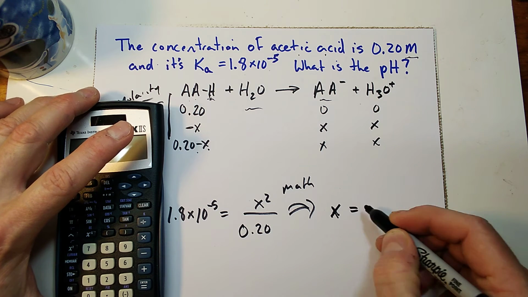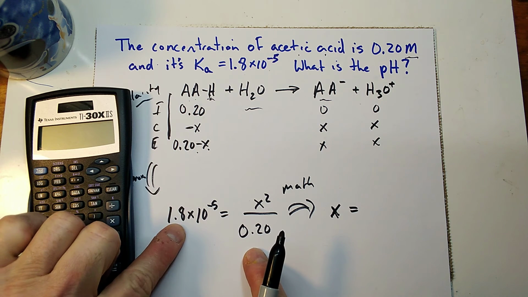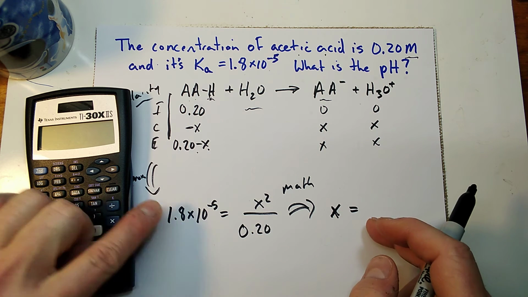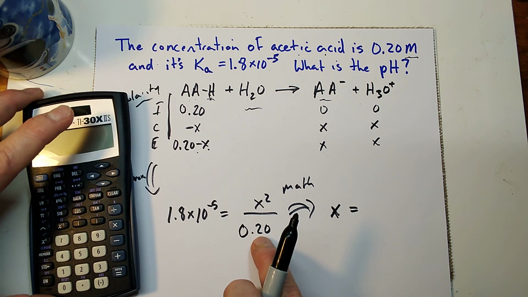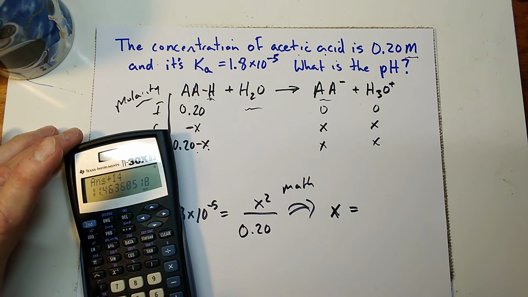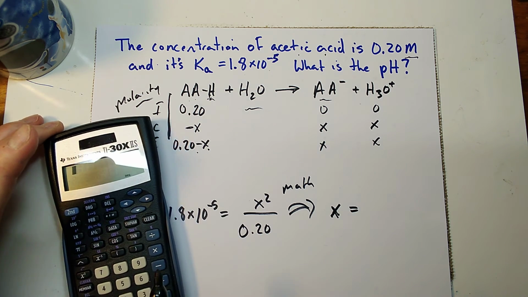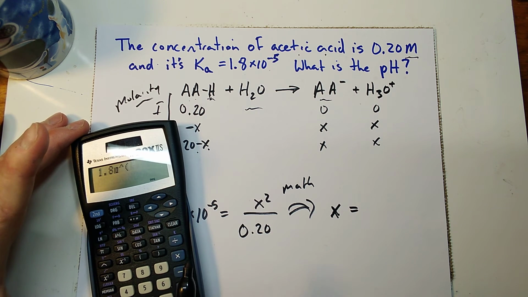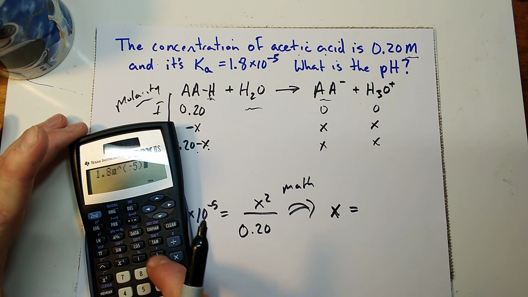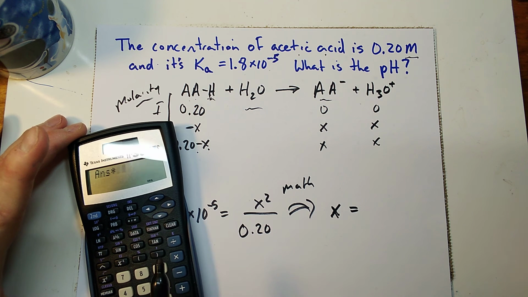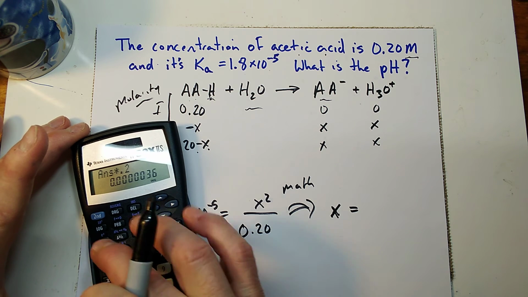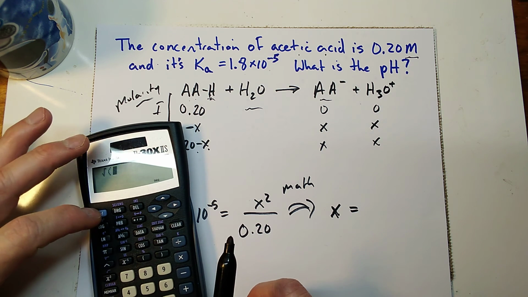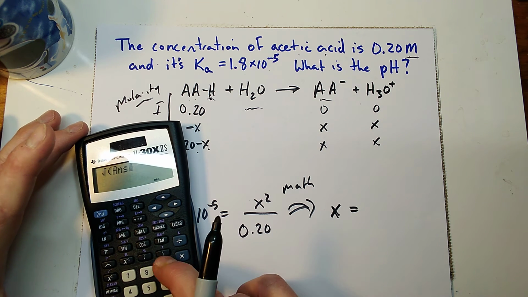The way we're going to do that is we're going to multiply these two to isolate x squared, and then we're going to take, of course, the square root of the product of these two. So I'll do that on my phone. Moving kind of fast here, getting more comfortable with my calculator.